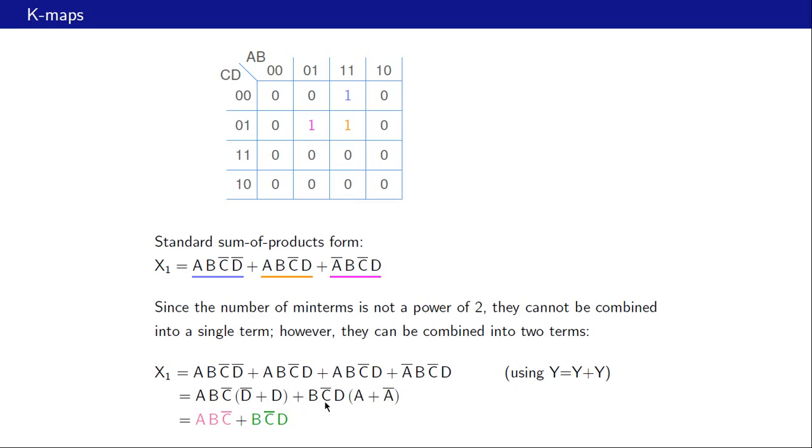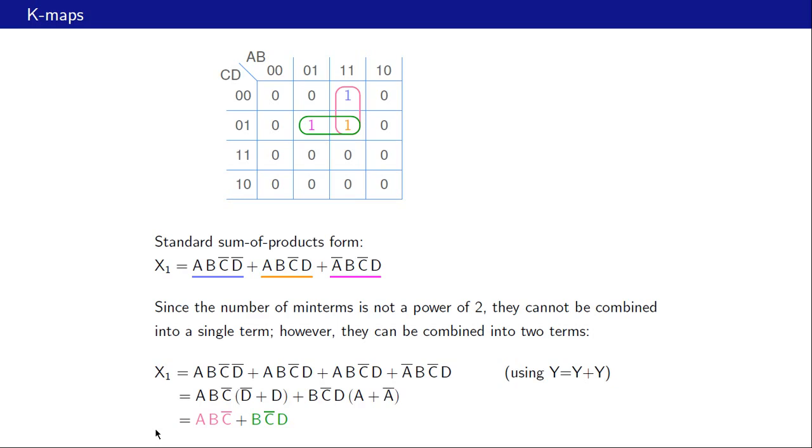And these 2 terms have B, C bar, D common, and then we get A plus A bar. Now this is 1, this is also 1, and that gives us this minimal expression A, B, C bar plus B, C bar, D. And we don't need to actually go through this algebra.